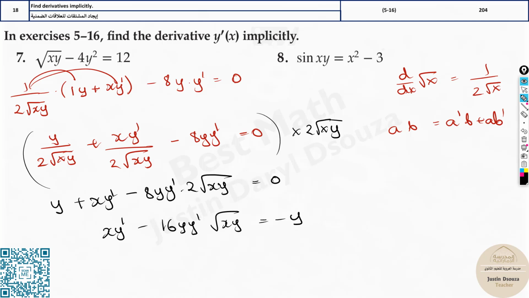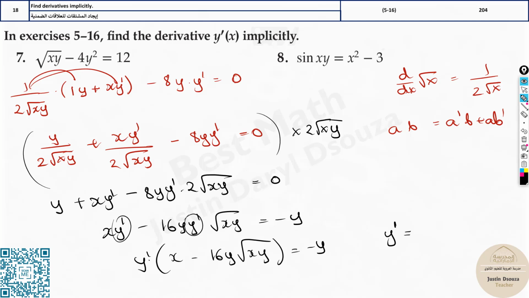Now you can see this y prime. Let's take it as a common term outside, because I've removed this y prime outside, and what is remaining? It's only x minus 16y square root xy, equals negative y. Now the final answer: y prime will be equal to this, whatever is multiplied on one side becomes the denominator on the other.